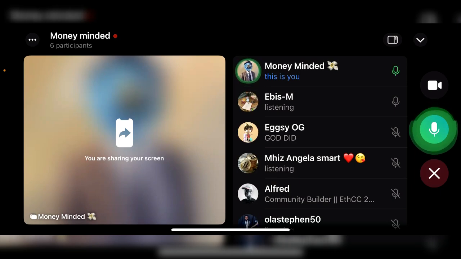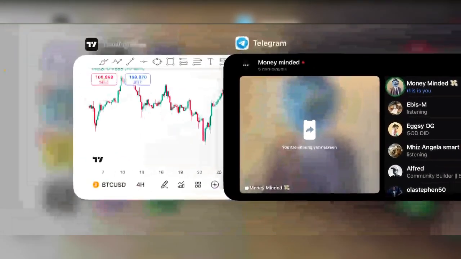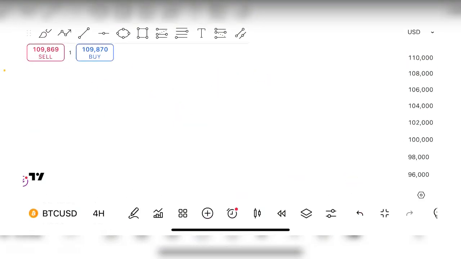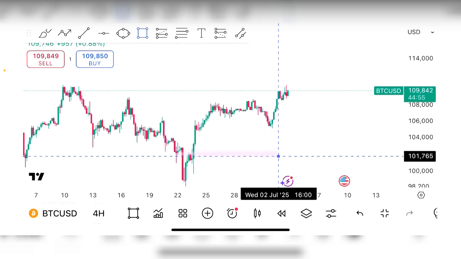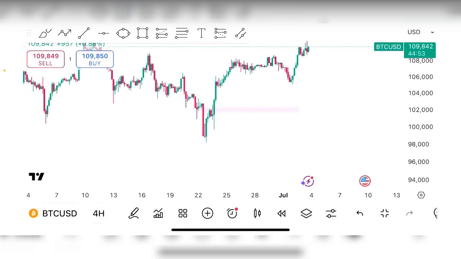You cannot be going back and forth. You can just look at it from your own chart here on MT5. What you did on TradingView is the major analysis. Let's say I've marked here like this on my TradingView, and I've taken my buy from this area.